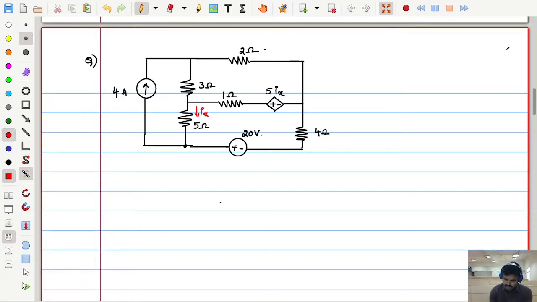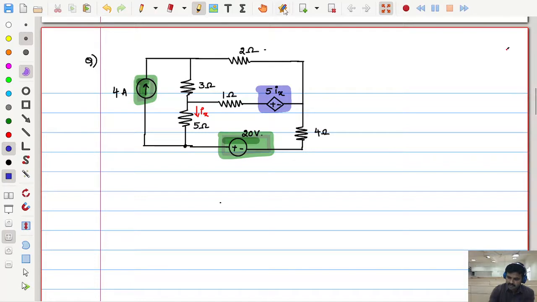Now try to identify the sources in the given circuit, which are usually inputs. If you observe here, you have a 4 ampere current source, and here a 20 volts voltage source, and also one more important thing, a dependent voltage source, a current dependent voltage source.